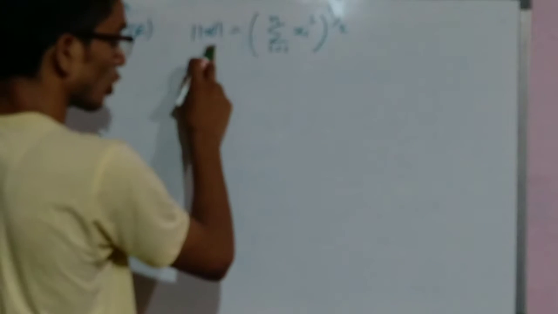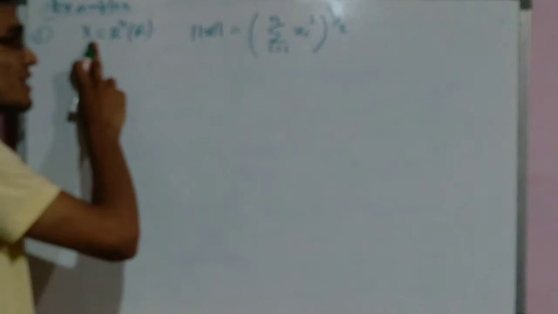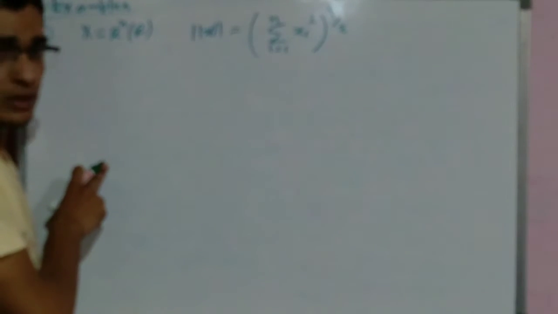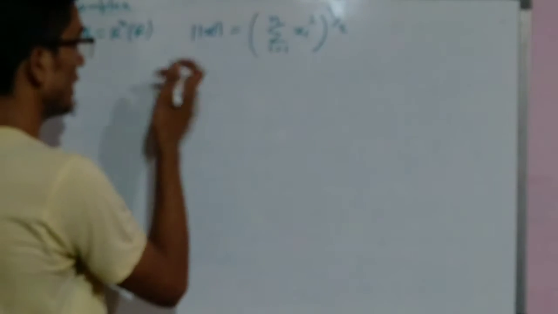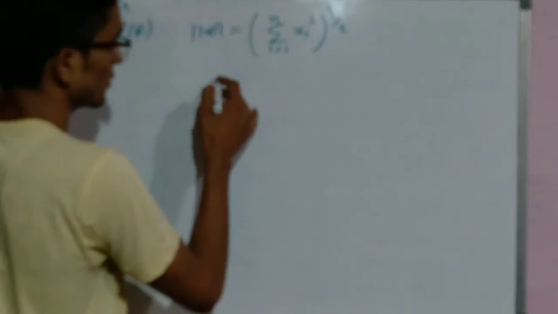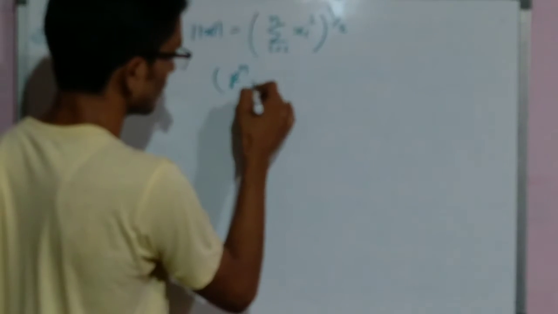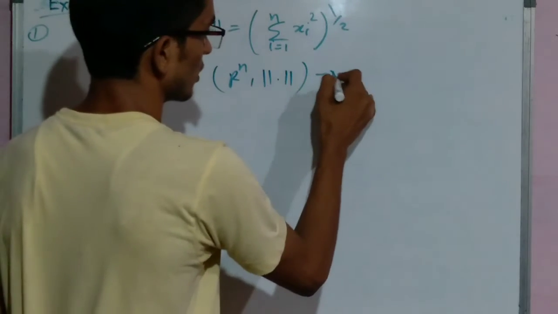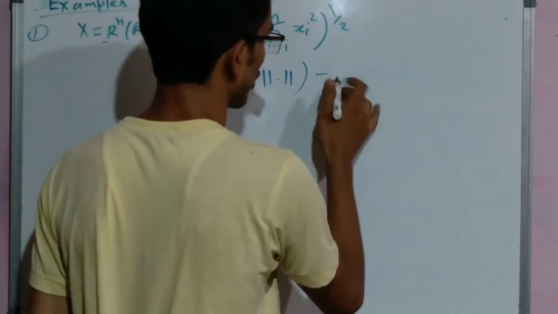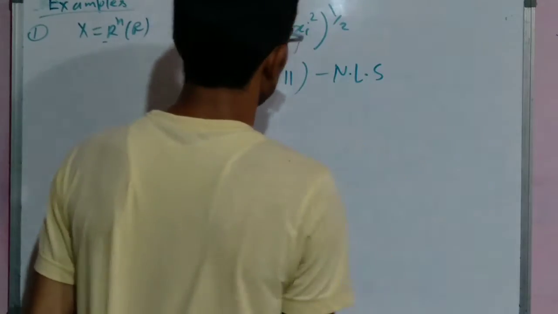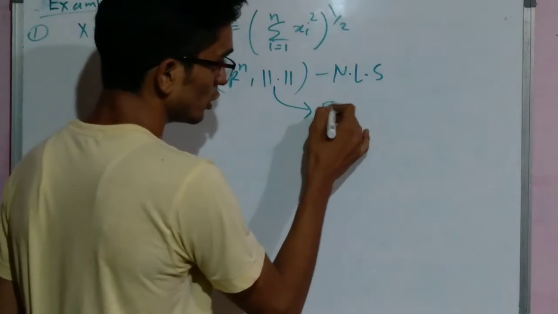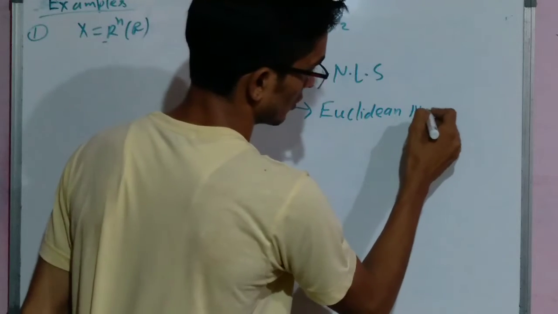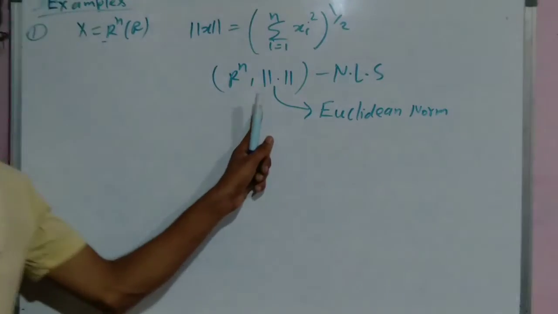It satisfies all the four conditions of the norm, so it is a norm, and Rn with this norm is called a normed linear space. Here it is called the Euclidean norm.